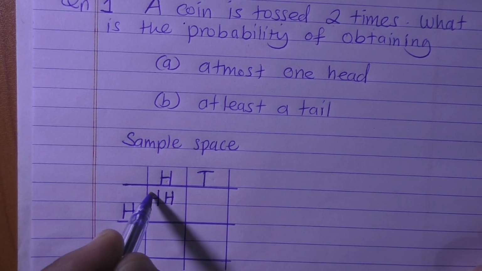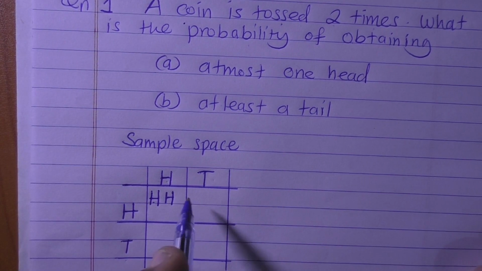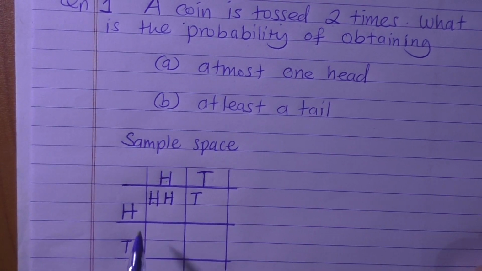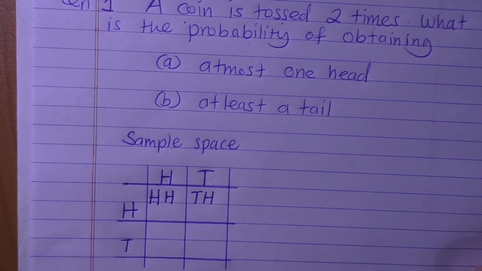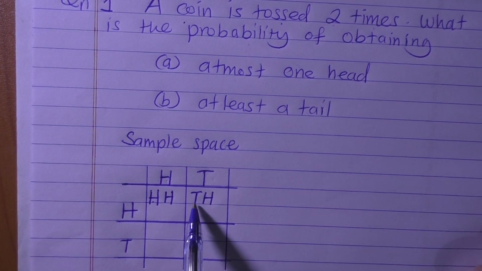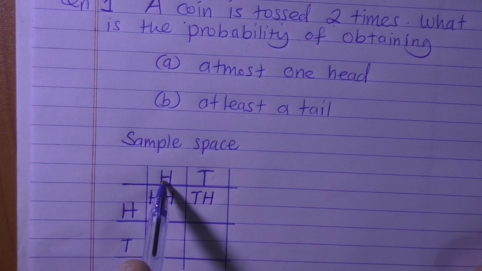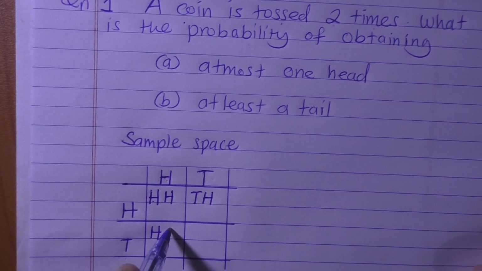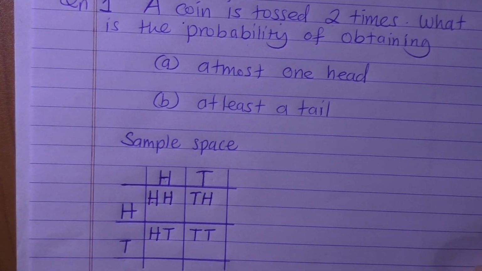So in both throws we shall have head. Or in the first throw we can have a tail, and in the second throw we get a head. So that will be tail head. Similarly, we can have a head and a tail, or a tail and a tail.